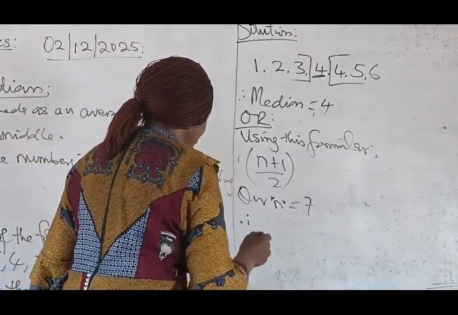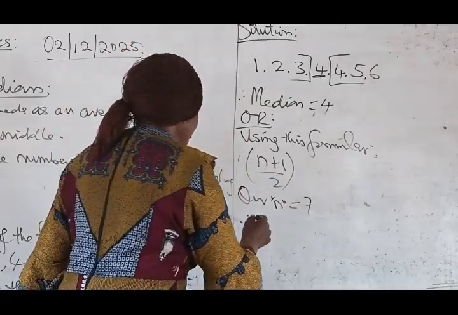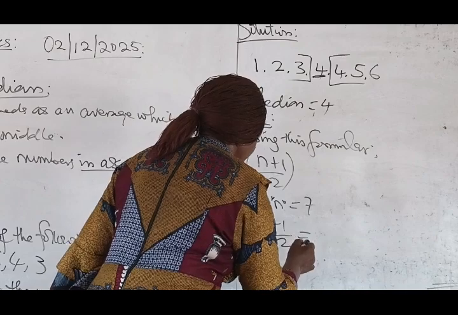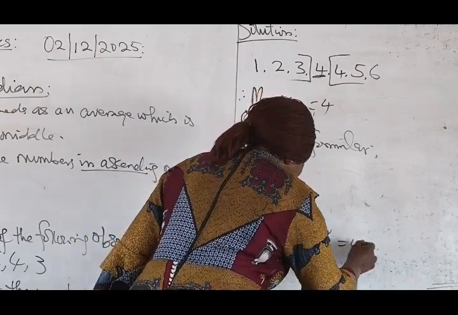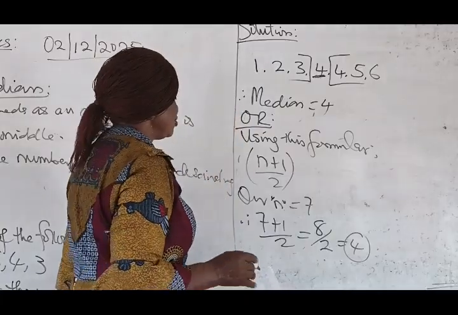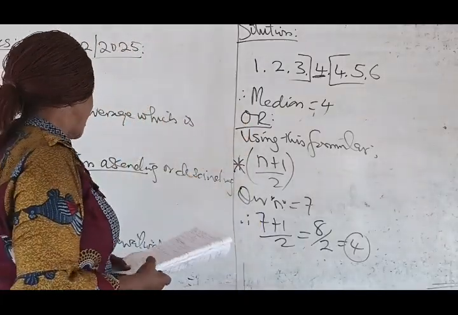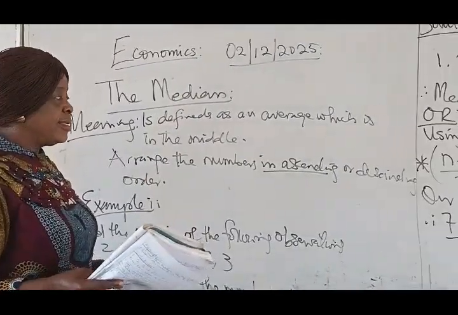So we substitute 7 into n. That will be 7 plus 1 over 2, which is 8 over 2. When you divide, we get 4, the same thing. So either you use this formula or you use the first one by arranging the figures in ascending order.